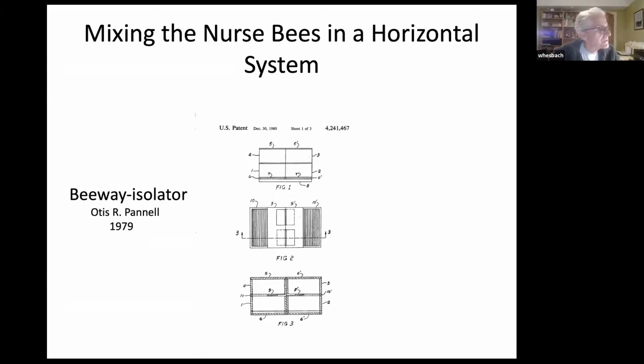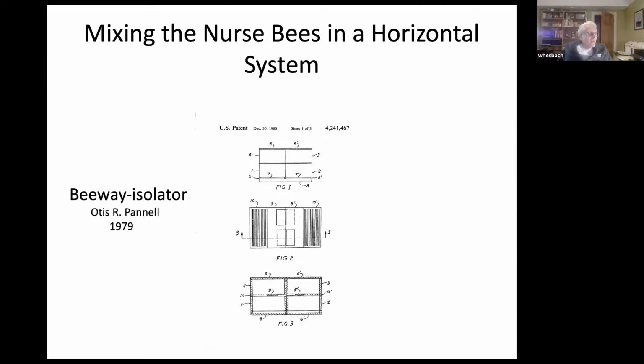This was Otis Pennell, and he did this in 1969, and all I had was these patent drawings, and I made one. Once I figured out what he was trying to do here, I can't even begin to explain this to you without you seeing the actual device that I made, and even if I held it up in front of the camera, it would confuse you, I think.